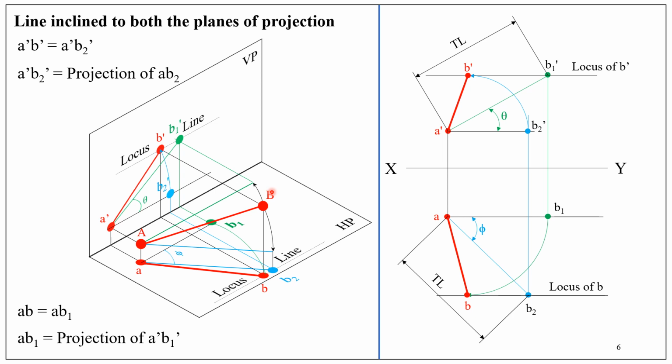How to ensure that? Draw a perpendicular line from B. Definitely it will pass through B dash. Similarly, A dash and A lie on same projector. So A dash A, B dash B lines are the end projectors, and this completes the projection of a straight line inclined to both the planes of projections in drawing sheet.